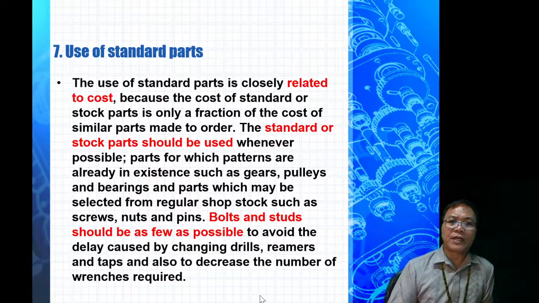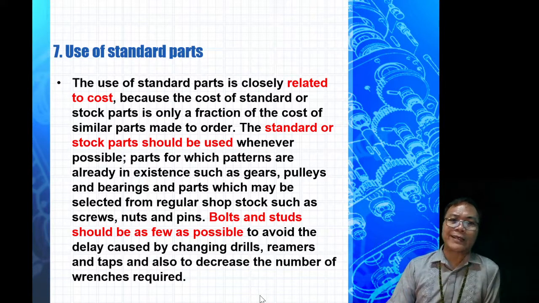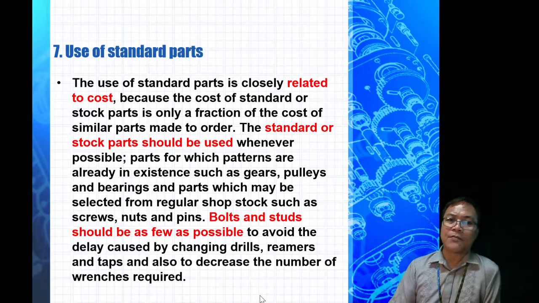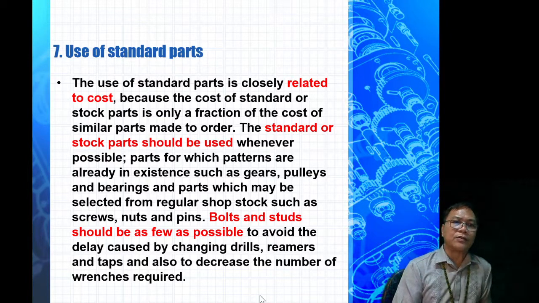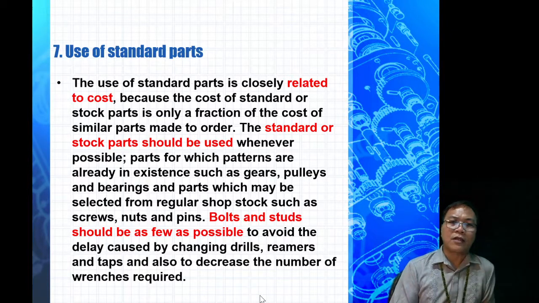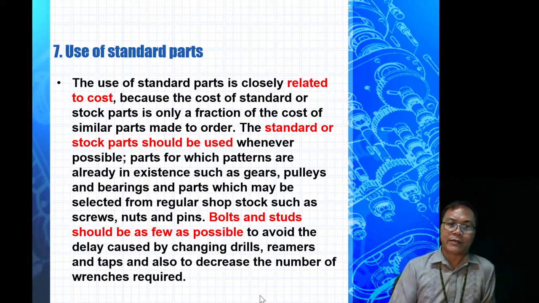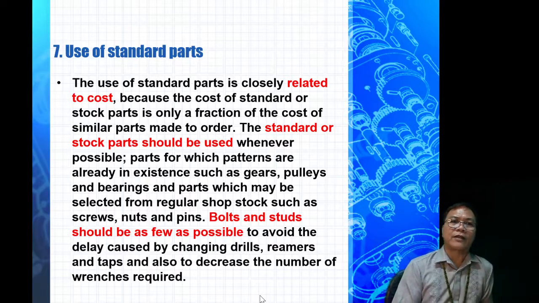Parts for which patterns are already in existence, such as gears, pulleys, and bearings, and parts which may be selected from regular shop stock, such as screws, nuts, and pins. Bolts and studs should be as few as possible to avoid the delay caused by changing drills, reamers, and taps, and also to decrease the number of wrenches required.